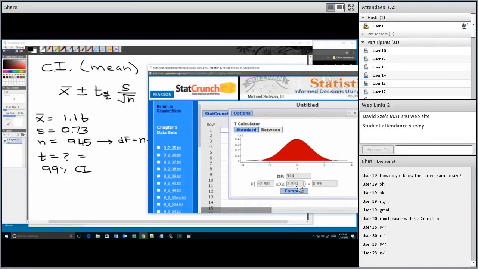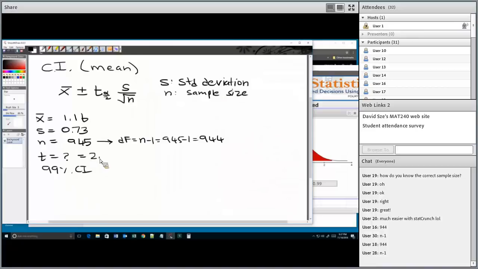And here are the T values I'm going to use. 2.581. So the critical T is 2.581. Now I can find my confidence interval. The lower value of the confidence interval is X bar minus T S over square root of n.